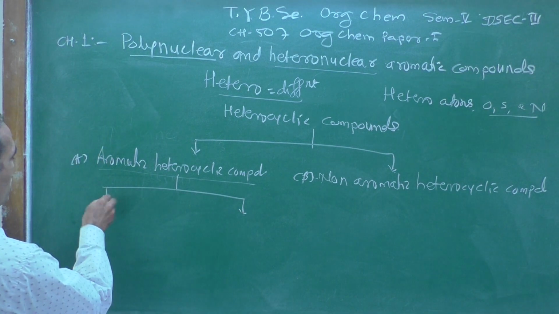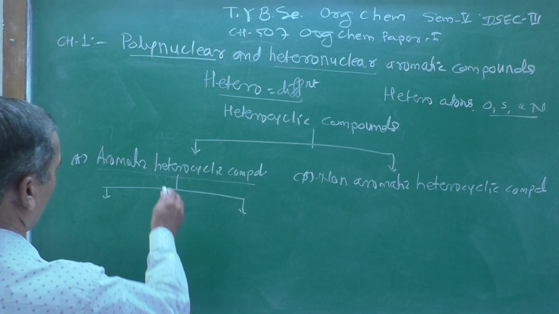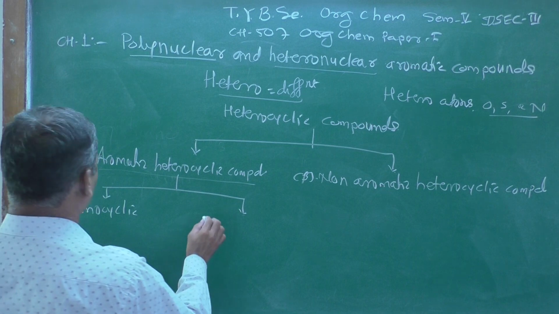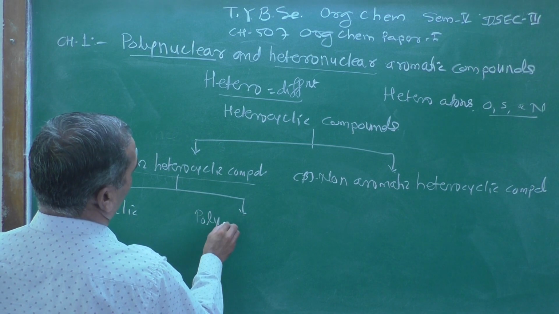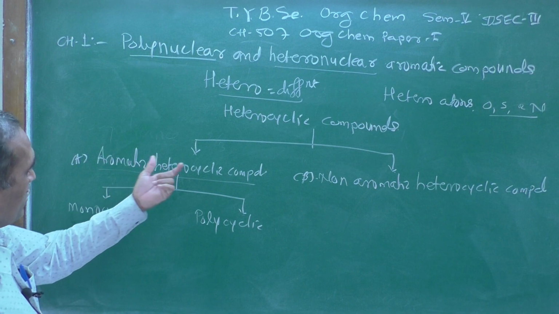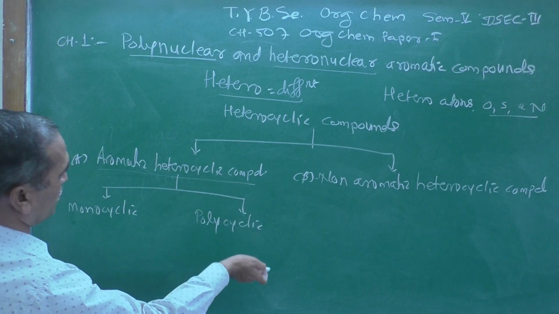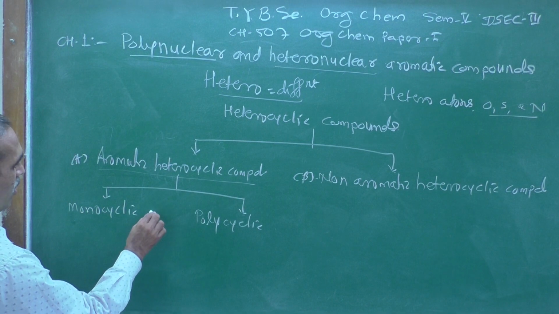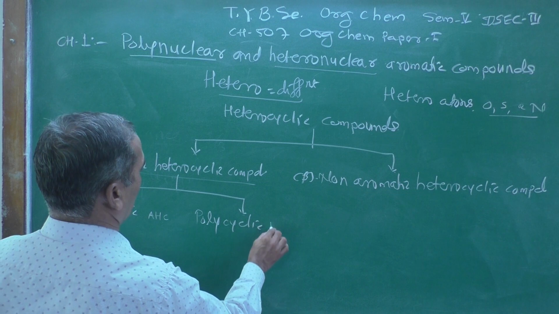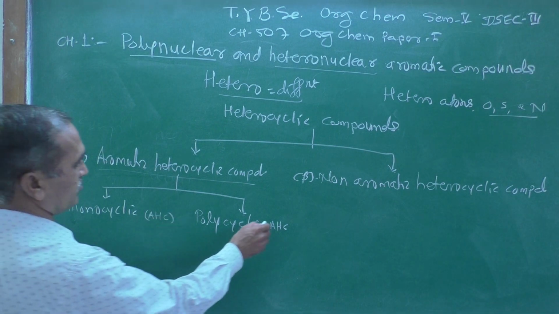One is called monocyclic heterocyclic compound, and the other is polycyclic. Monocyclic aromatic heterocyclic compound and polycyclic aromatic heterocyclic compound, in short you can remember this.